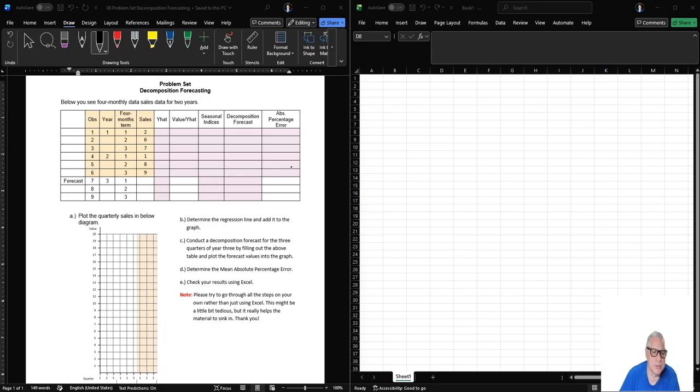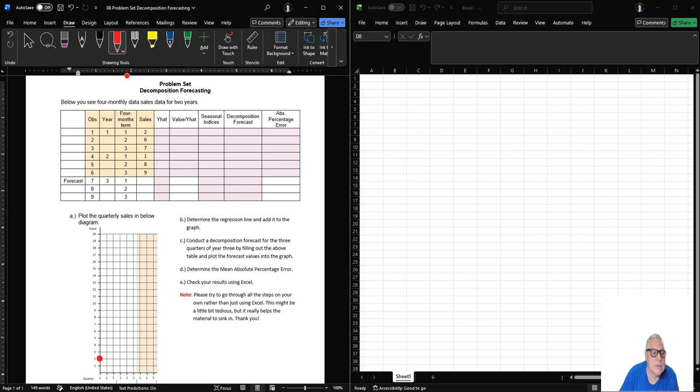Okay, so in the first step, let's plot the data. Observation 1, which is year 1, first 4-month term, like spring, we have sales of 2.